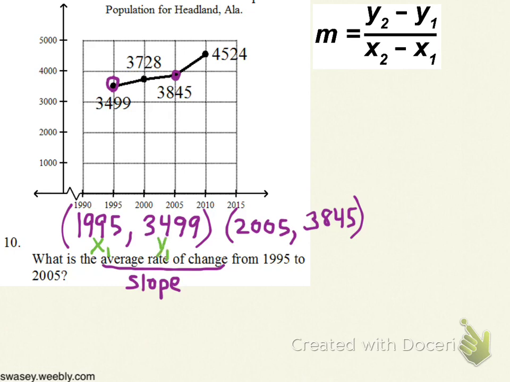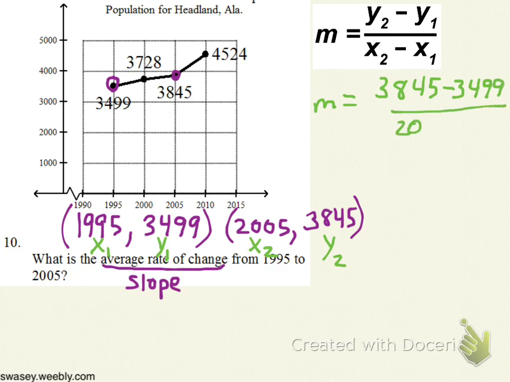Label your points, x sub 1, y sub 1, x sub 2, y sub 2. So on the top, we have 3,845 minus 3,499. On the bottom, 2005 minus 1995.